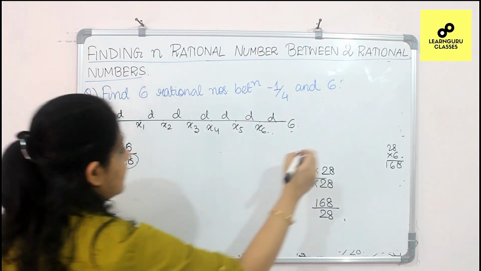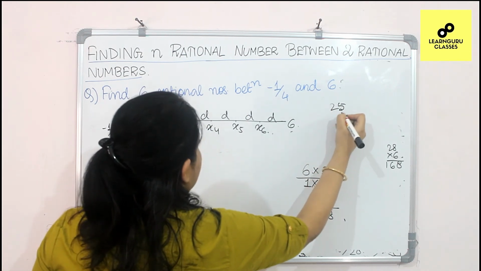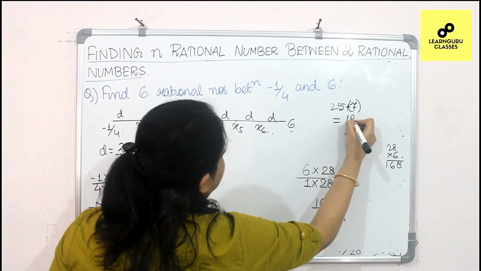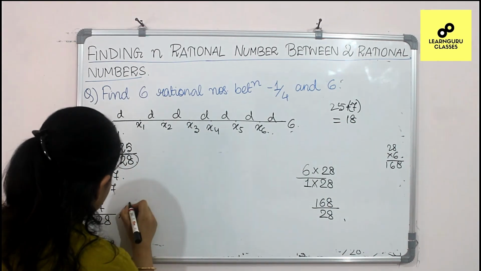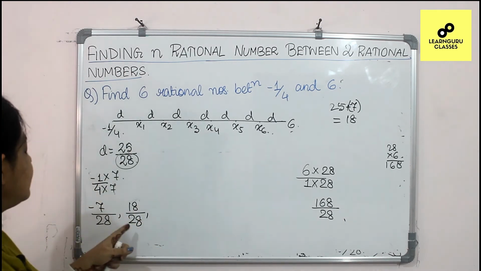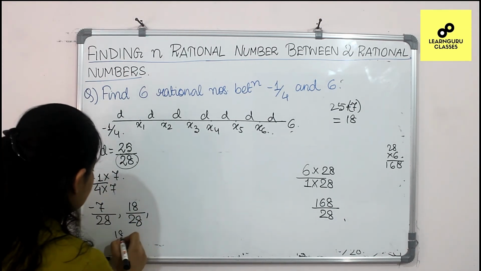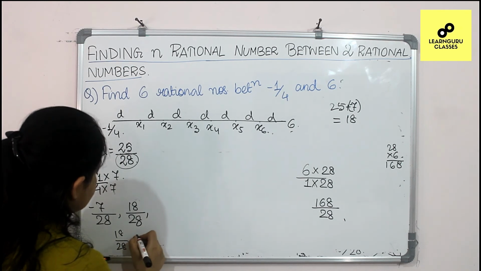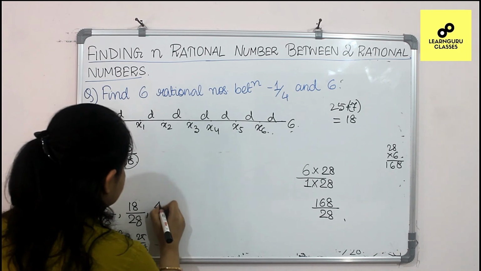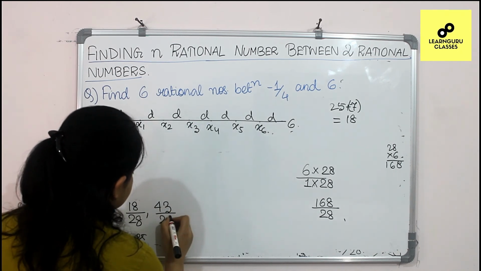So -7 plus 25 gives 18, so here you are getting 18 by 28. Then 18 by 28 plus 25 by 28, you will be getting 43 by 28.